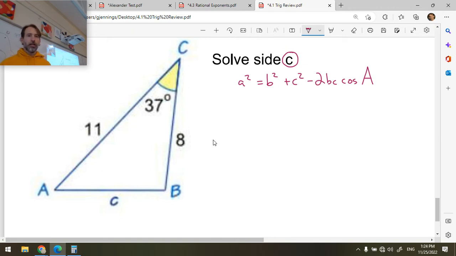No. So let's remember that this is like angle A in the formula, and this is side A. These have to correspond. They have to be on opposite sides of your formula. So I'm going to actually just take a moment to avoid confusion and rewrite it this way.